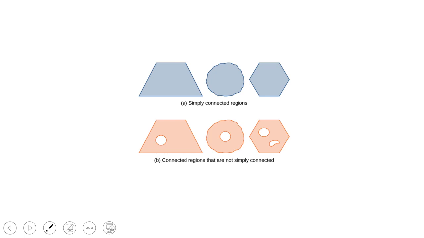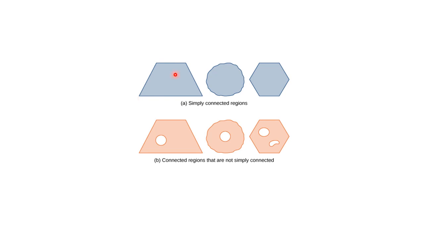When it comes to two-dimensional regions, we might talk about simply connected regions. That is a connected region, basically the same idea. It has a boundary that is connected.